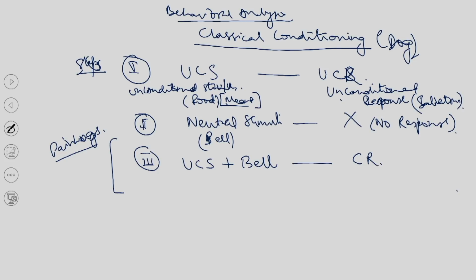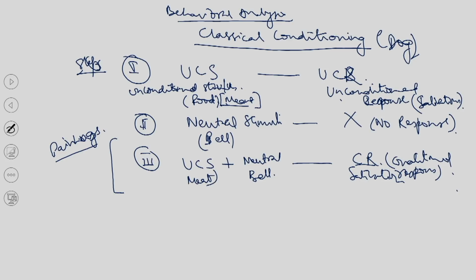So, unconditioned stimulus plus the neutral stimulus leads to the conditioned response. This conditioned response is basically salivation. So, here salivation is the conditioned response, bell sound is the neutral stimulus, and meat powder is the unconditioned stimulus.